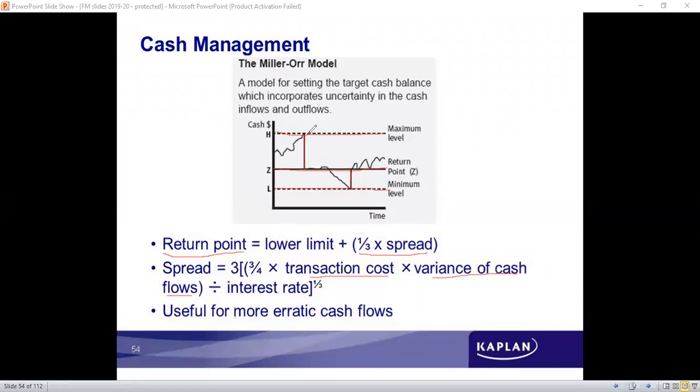Immediately when such a thing takes place, they deposit until they come to the return point. Excess cash in the form of cash has no returns. So that excess balance of cash, whatever is available, is immediately deposited and they bring down the cash balance to the return point.